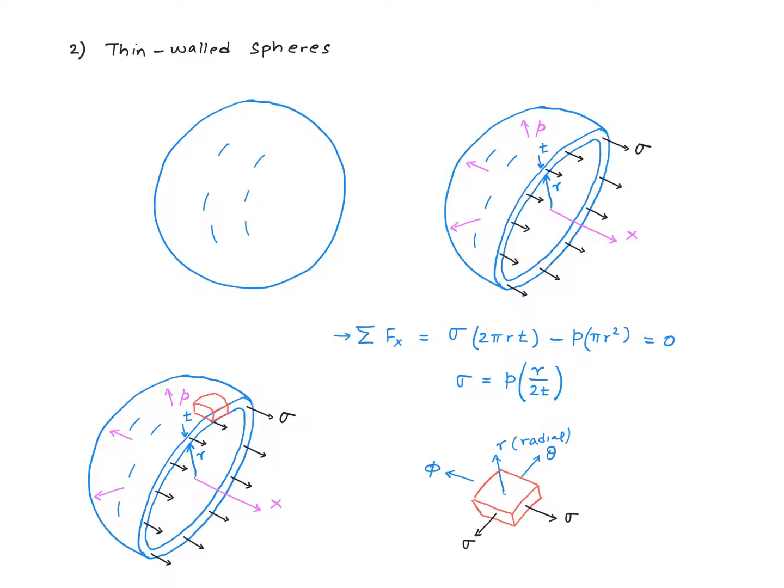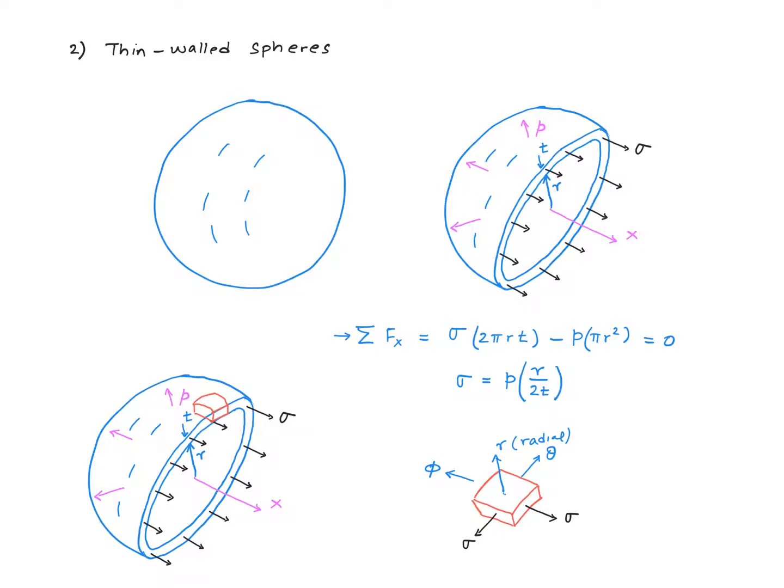Now that we have covered all the fundamentals, deriving an equation for the stresses on the walls of a thin-walled sphere is fairly straightforward. Here's a spherical tank subjected to an internal pressure P, and here we see a cutout of that, obtained by cutting the sphere in half.